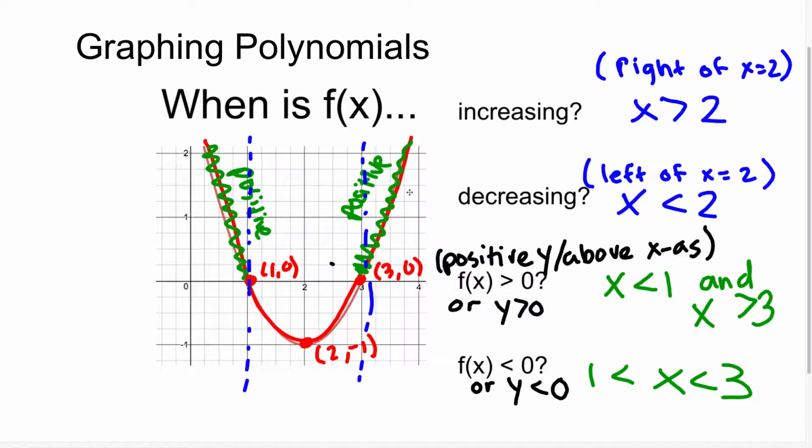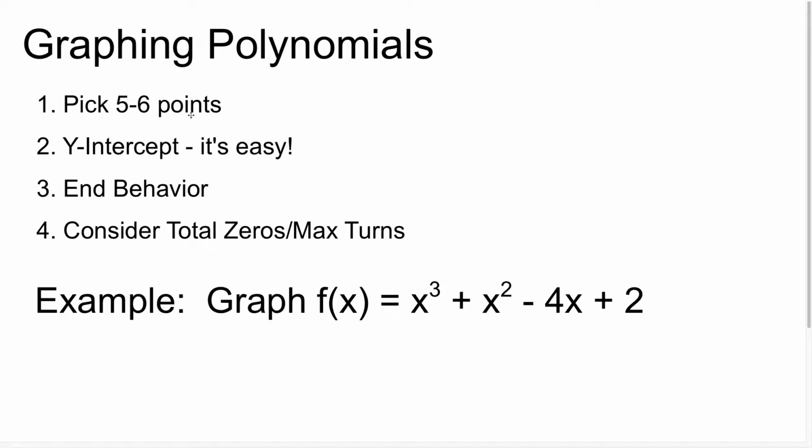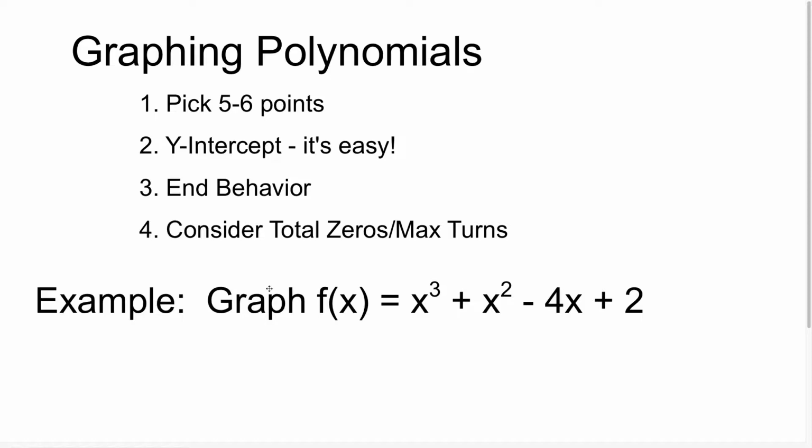Okay, last example that I want to do is a graphing problem. If I can get it to go to next slide. Okay, so here are the basic 4 steps right now to graphing. We're going to add to this as we go through the chapter and learn about other parts of polynomials.